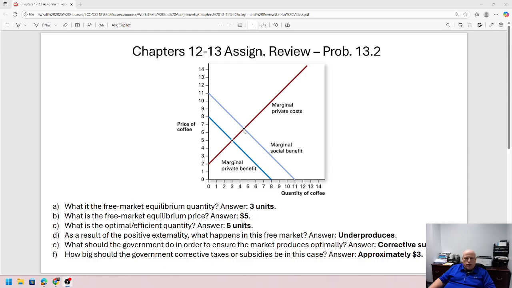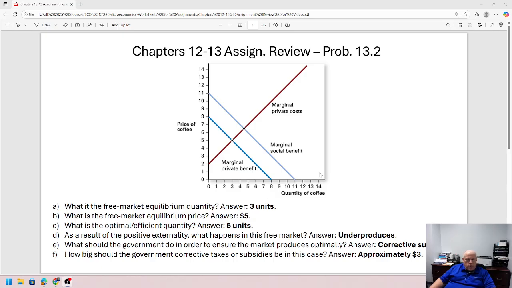That would be 5 units of coffee. All you do is find where the marginal private cost intersects the marginal social benefit, because this is a positive externality we're looking at here. Just where those two intersect, and then you draw a straight line down.